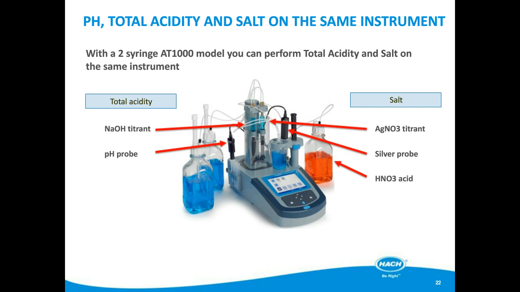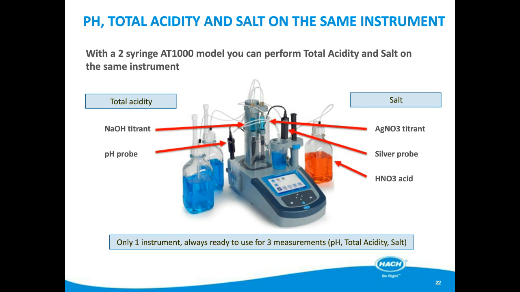We use the silver probe, and the nitric acid will be automatically added by the pump. So with the same instrument, you can perform 3 different measurements: pH, total acidity, and salt.